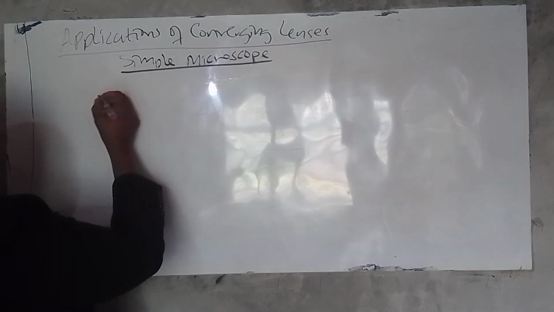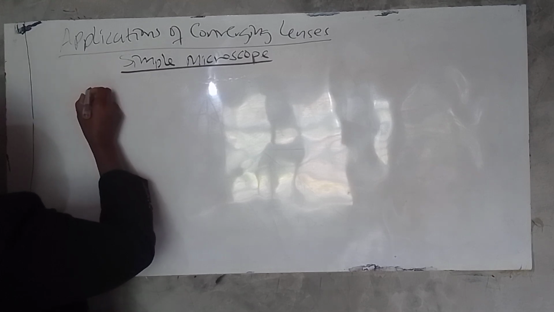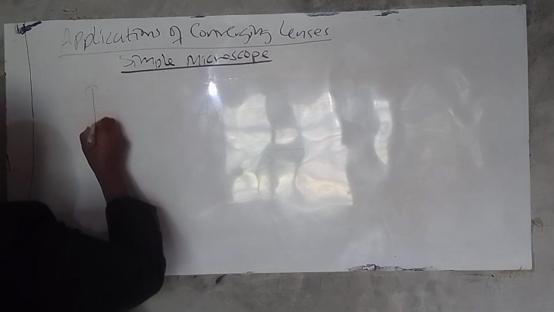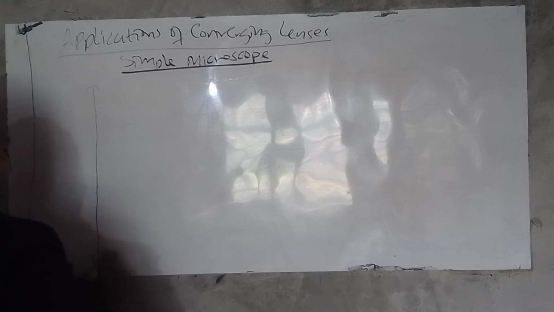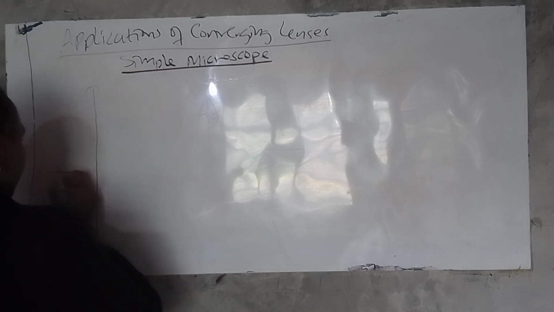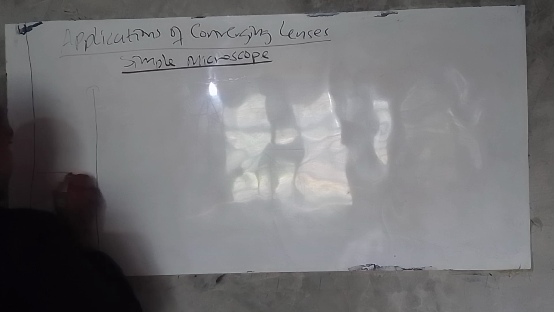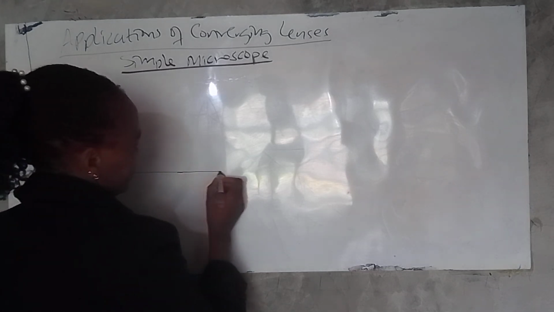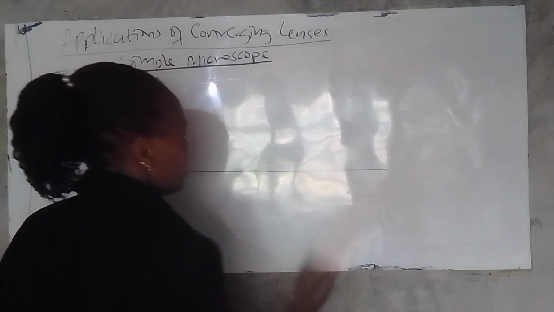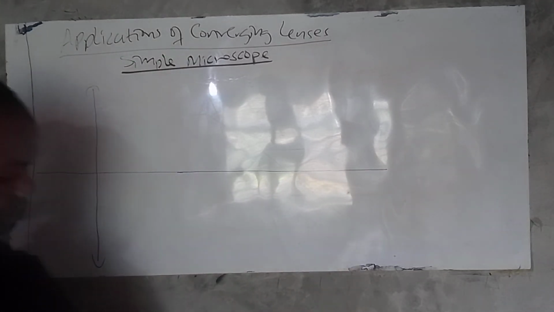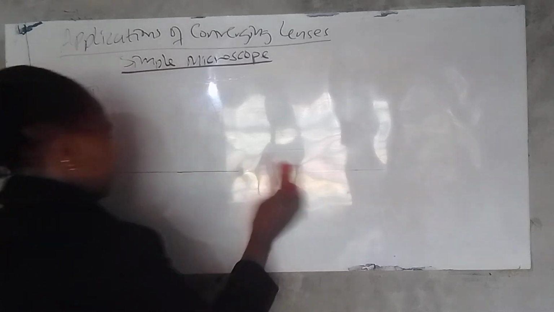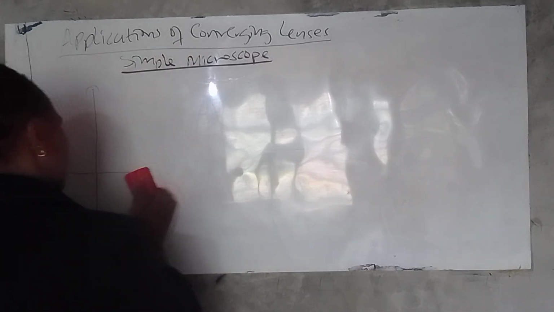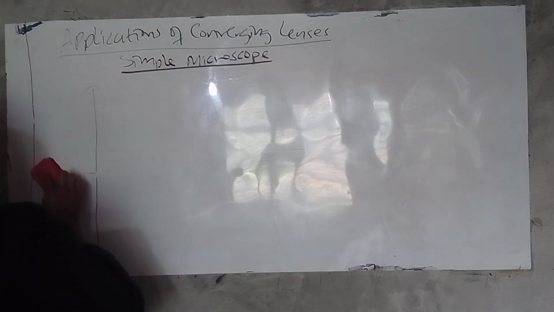Okay, so let's say I have my first lens. Let me draw this. It's a long straight line like that. We draw it a bit up.